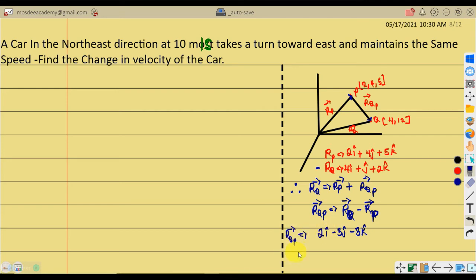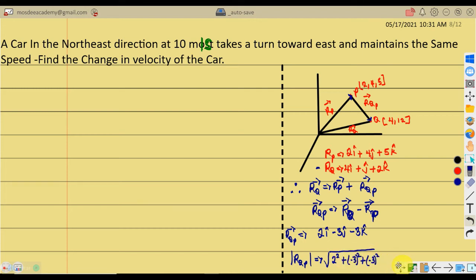And if you're asked to find the magnitude of that, which we write in modulo form, as you can see, the magnitude of RQP will now be equal to the square root, I've explained that in the last slide, of 2 squared plus negative 3 squared, which everybody knows the square of a negative number is always going to give you a positive number, and another negative 3 squared.